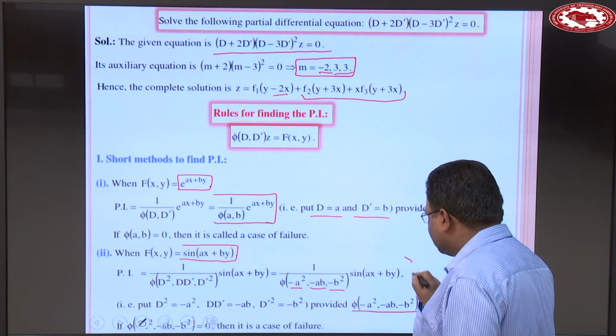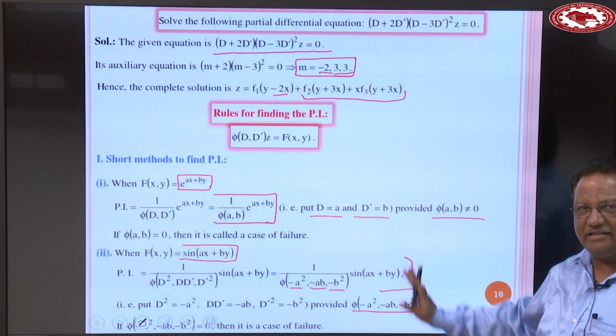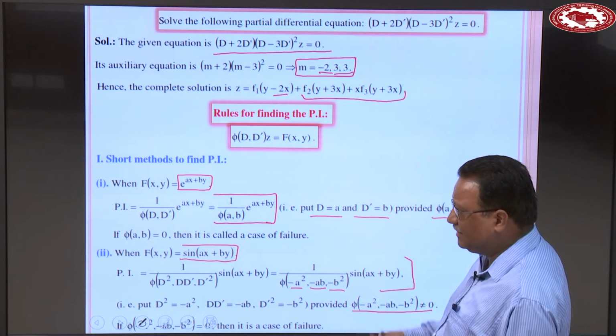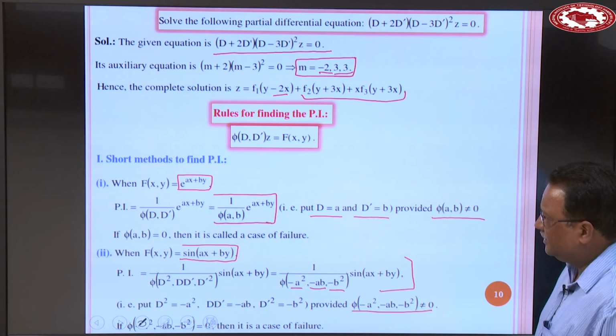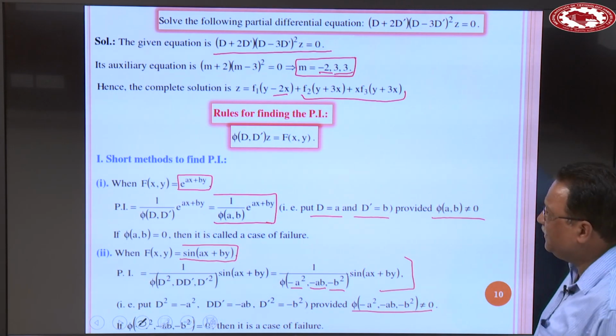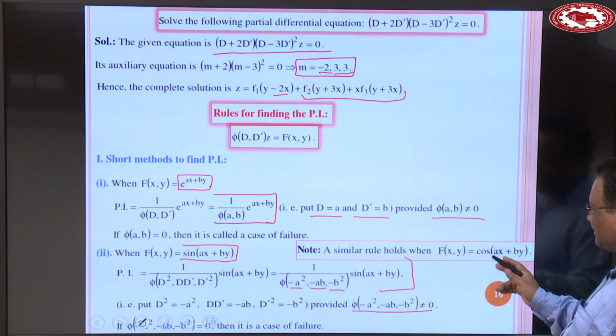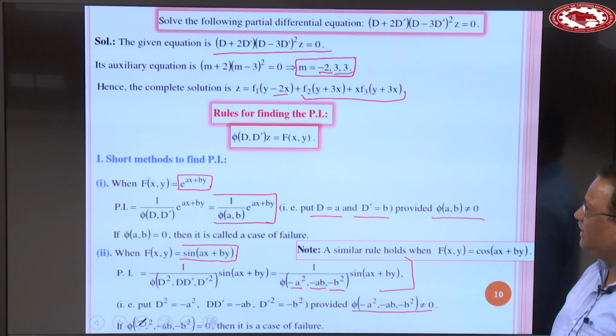Then the particular integral is 1 over phi of D square, D D dash, D dash square, sine ax plus by, which is equal to 1 divided by phi, replacing D square by minus a square, D D dash by minus ab, and D dash square by minus b square, sine ax plus by, provided this denominator is not equal to 0. When this denominator is equal to 0, it is a case of failure. So remember all these important results for evaluating the particular integral. These are the short methods to find the particular integral. A similar rule holds when f(x,y) is equal to cos ax plus by.